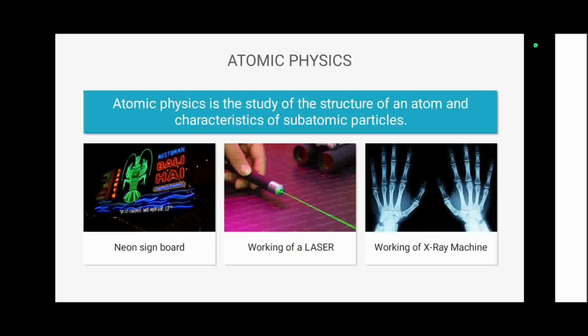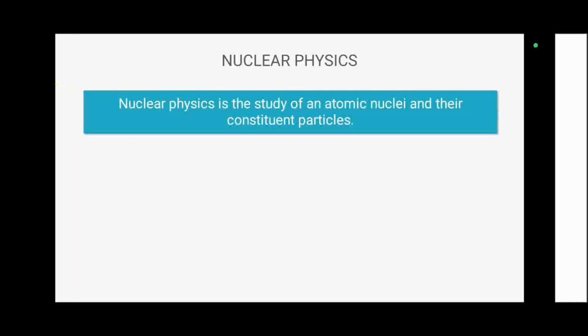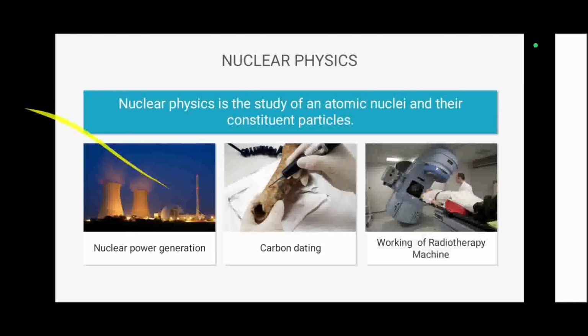And then modern physics, developed after the 19th century. Firstly, atomic physics. Atomic physics is the study of the structure of atoms and subatomic particles, for example, working of a laser, working of an x-ray machine. And then nuclear physics deals with atomic nuclei and other particles, for example, nuclear power generation, carbon dating, and working of radiotherapy machines.